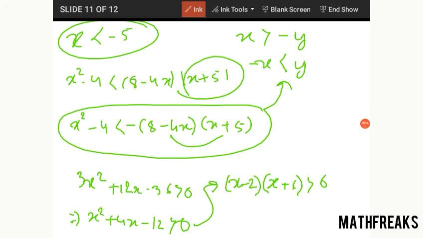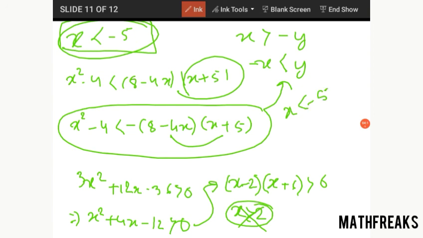So now see, we are getting 2 here. One thing we are getting is x is greater than 2, so this is not possible. Why? Because we have already taken x less than minus 5 for this case, so x can never be greater than 2. I hope you understand. For case number 2, we have already put a condition that x has to be less than minus 5.